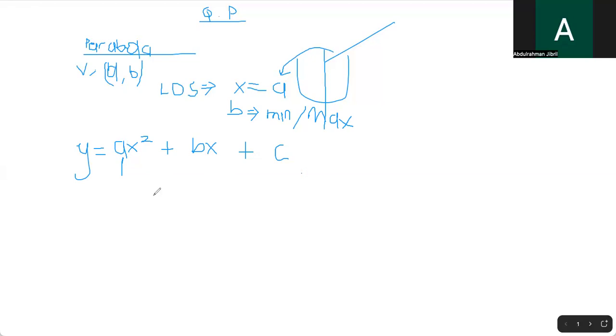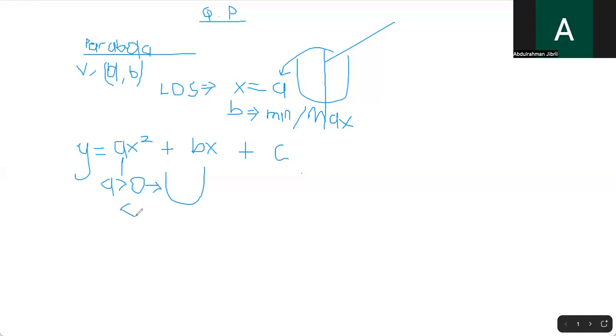So whenever a is positive, or whenever a is greater than 0, then it means that the curve would point upwards. So when a is greater than 0, the graph will point upwards.